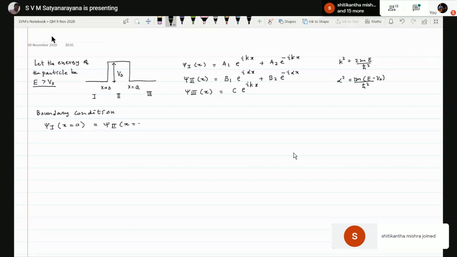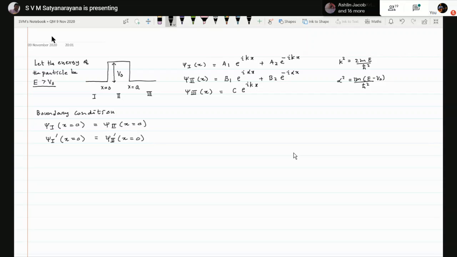This is the continuity of the wave function. And now the potential is finite, and therefore the derivative psi 1 prime at x equal to 0 is also the same as psi 2 prime at x equal to 0. This is as far as the boundary x equal to 0 is concerned.